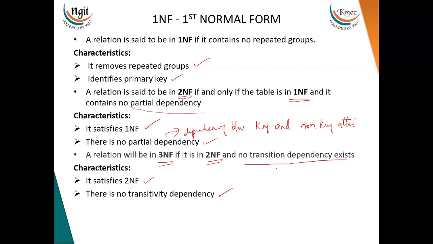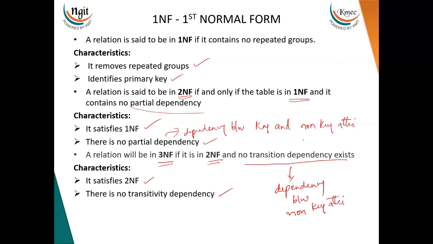Transition dependency tells you that there is a dependency between the non-key attributes. Here we have the dependency between key and non-key attributes, and transition dependency means the dependency exists between non-key attributes.